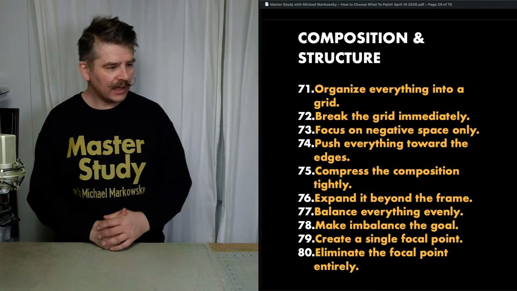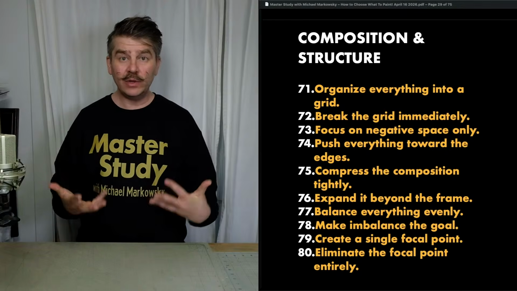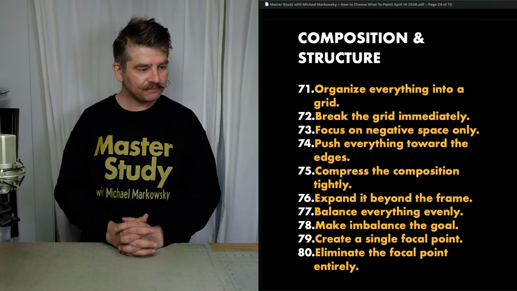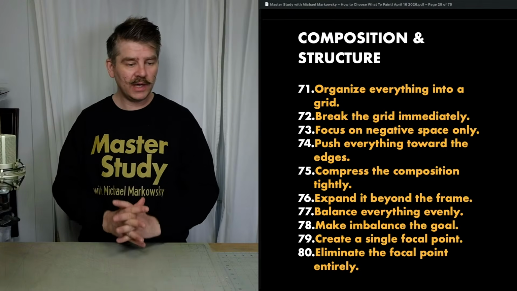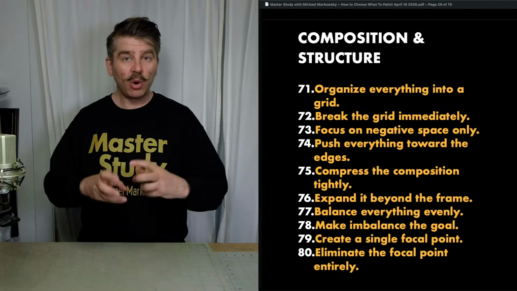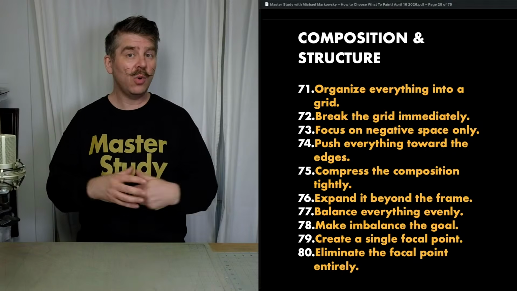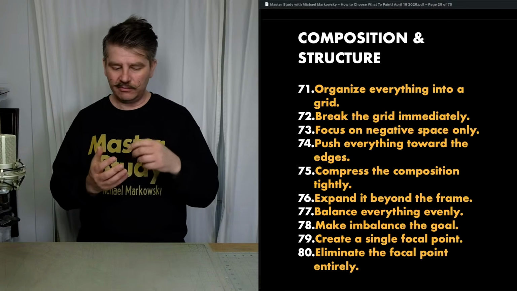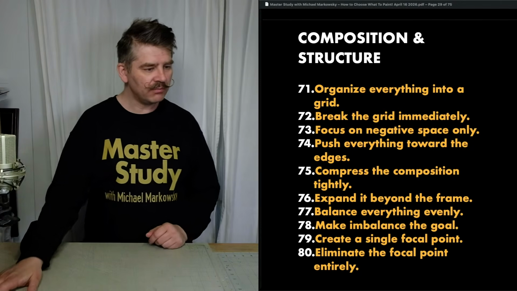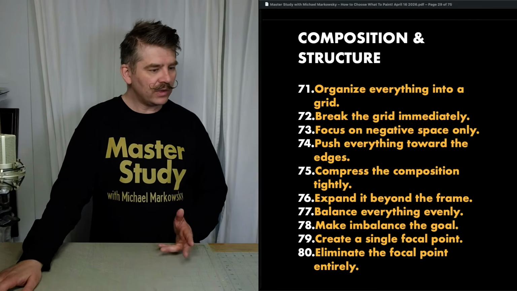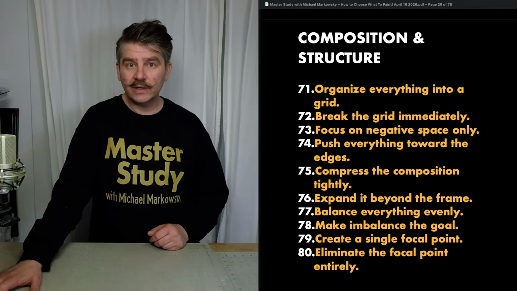So next up, additional catalysts that we can combine with a spark are composition and structure. So thinking more about what we call formal qualities of an artwork, like the materials and colors and shapes in a painting. Number 71 is organize everything into a grid.